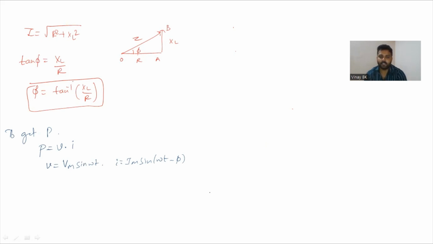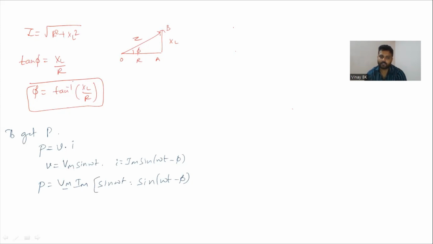Okay, so the leading angle, minus phi. Now you have to substitute these values in the power, so that p equals Vm Im sine omega t into sine omega t minus phi.